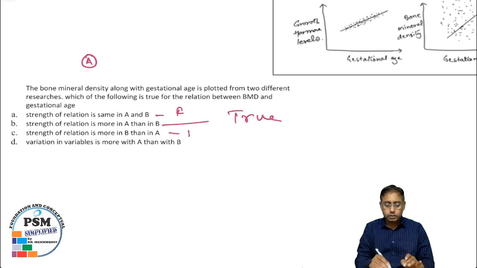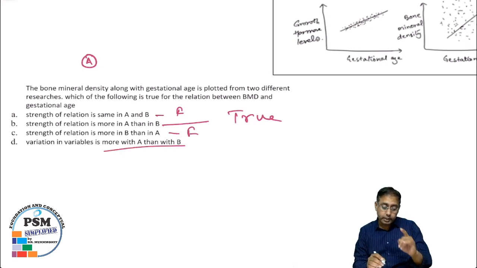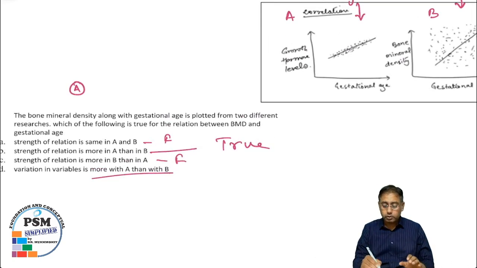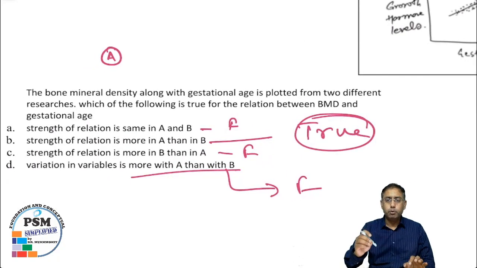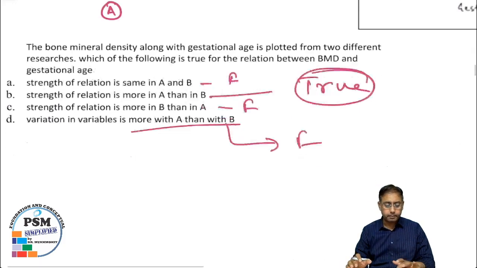Of course, this is false. Variation in variables is more with A? No, it was less with A. So this also is false. So the true answer would be that the strength of relation is more in A as compared to B.